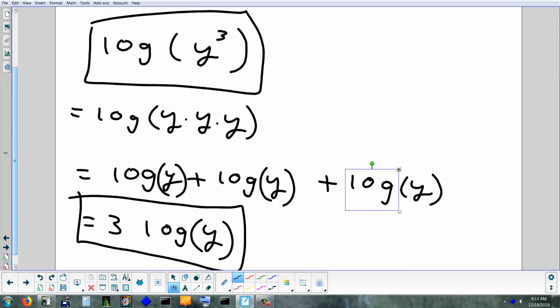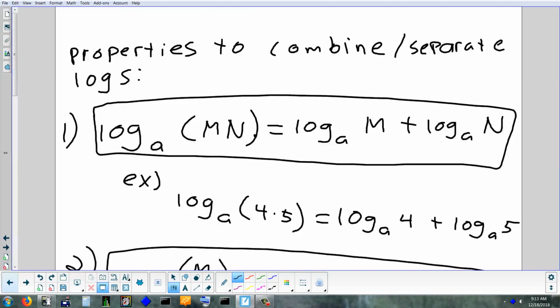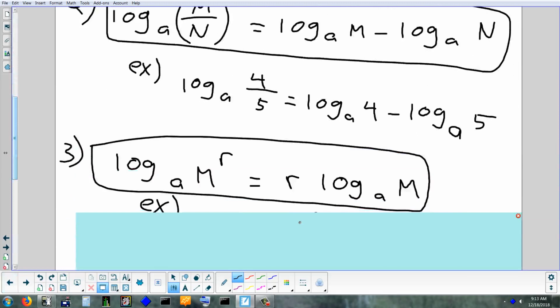In front of the log, yes. All you have to do is take that 3 and move it in front. So anytime that you have an exponent on an argument of a log function, you're allowed to put the exponent in front. And that's the third property.